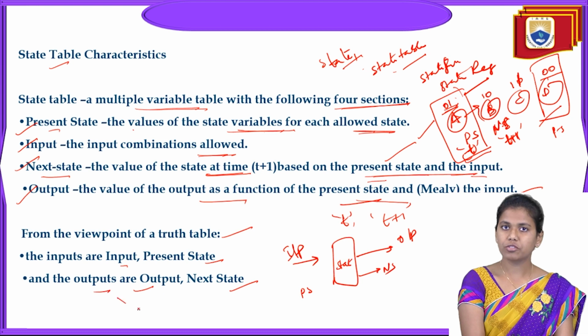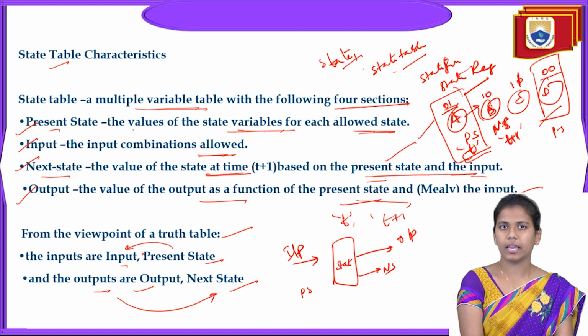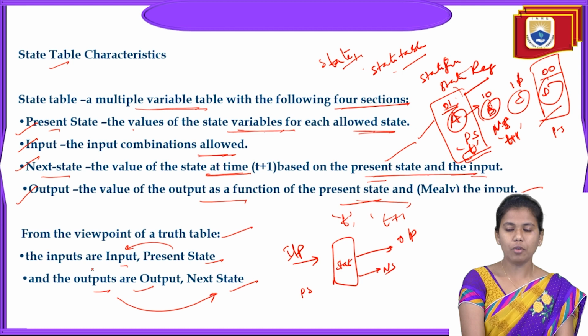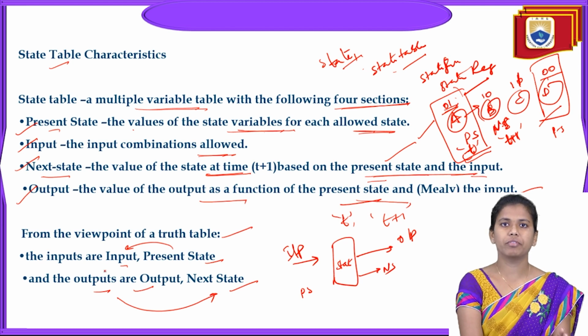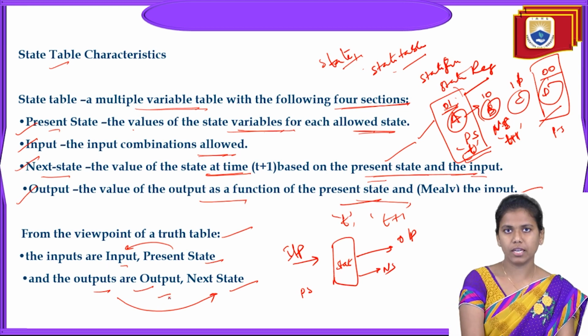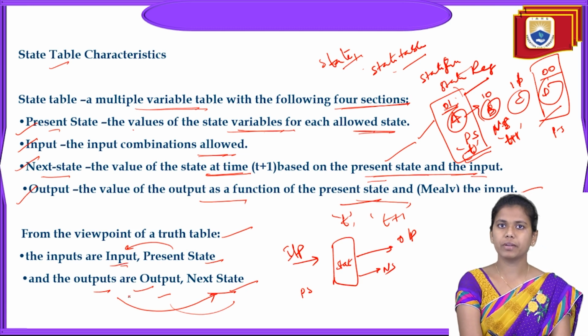So this is a general viewpoint of a truth table. For each and every truth table, we can write how the transition is taking place from the present state to the next state. The output always accompanies the next state, whereas the present state goes with respect to the input or the present values.